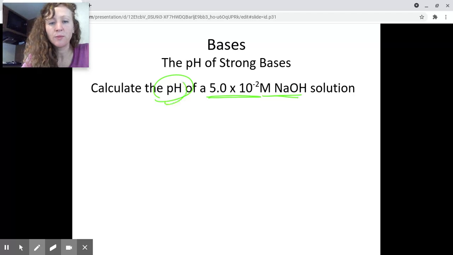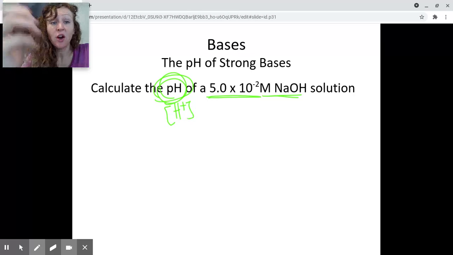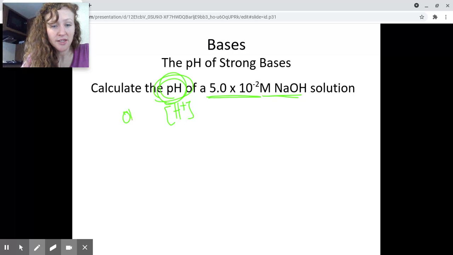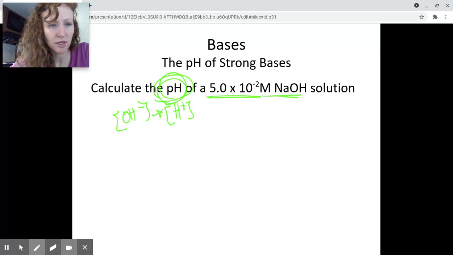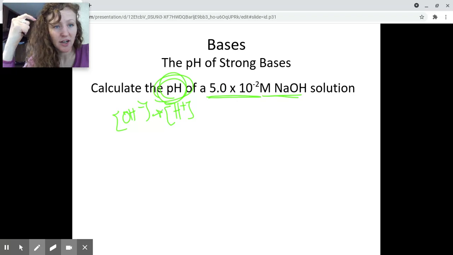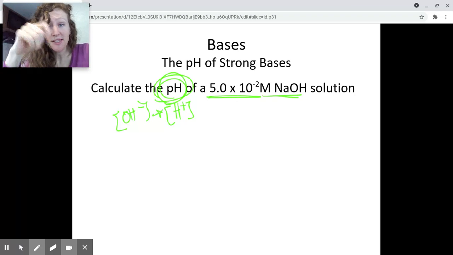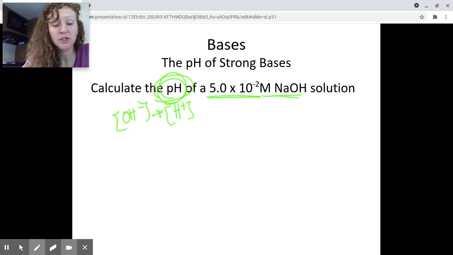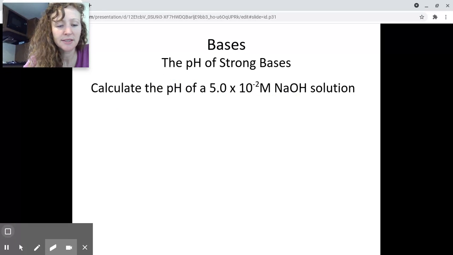What we want is pH. And so we need to get to the end where we have an H plus concentration, or a hydroxide concentration that we can use to get the H plus concentration. So let's set up our reaction, our ICE chart, our K, and then we'll go from there. Now would be a good time to pause, see if you can set those things up, and then compare to what I set up as well.